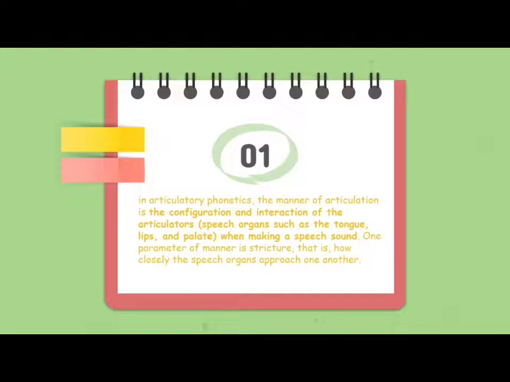In articulatory phonetics, the manner of articulation is the configurations and interactions of the articulators, speech organs such as the tongue, lips, and palate, when making a speech sound. One parameter of manner is stricture, that is how closely the speech organs approach one another.